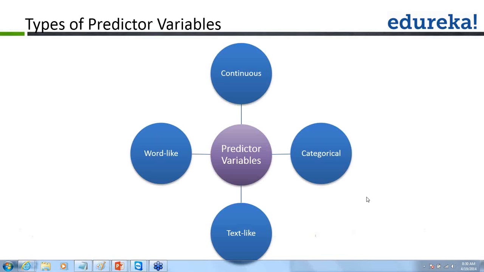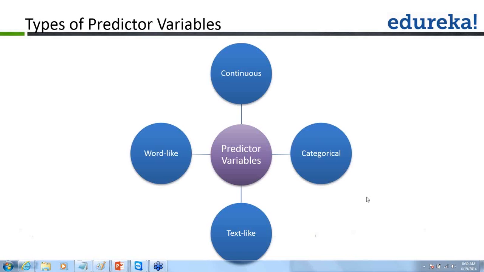I was giving an example of the balls: weight, which is a floating point value, or in certain conditions price, or other numeric things which can affect the output, are part of the continuous predictor variables.